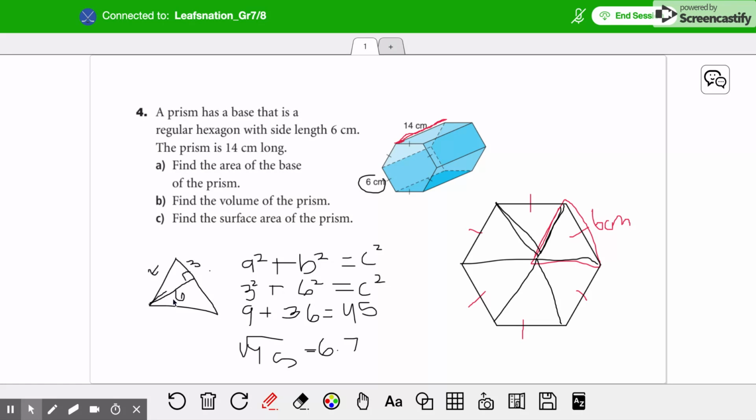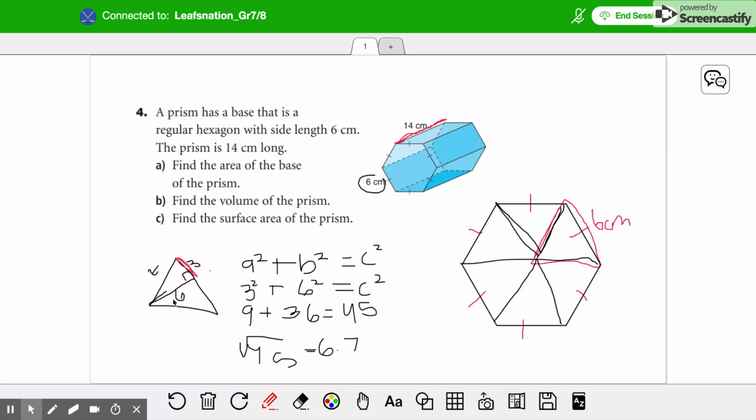So base would be 6, height would be 6, right? Because before we said that half of that triangle here was 3, which means the entire thing would be 6.